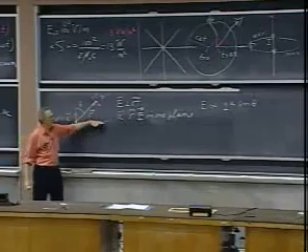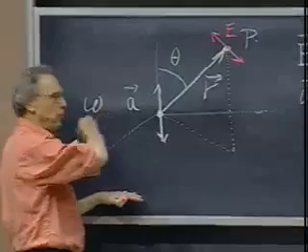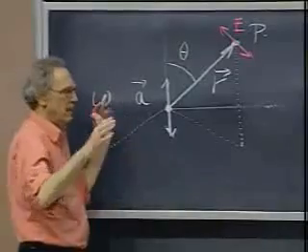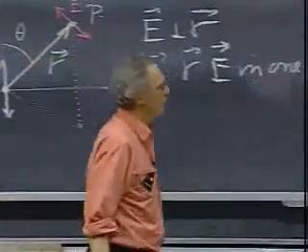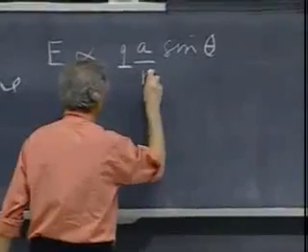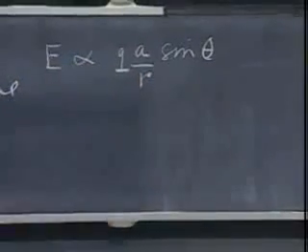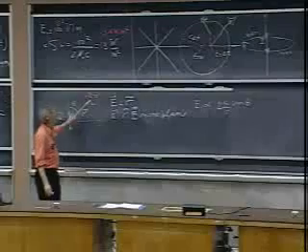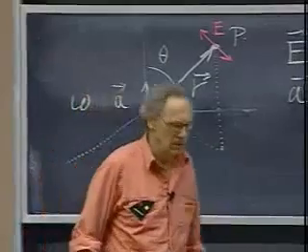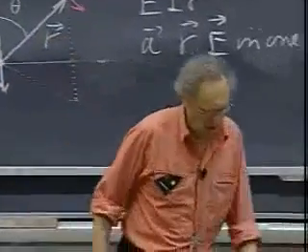If theta is 90 degrees, you get a maximum. That's the whole plane perpendicular to this oscillating charge, this whole plane, maximum electric field. And then, and that may not be so obvious to you now, it's also inversely proportional to the distance r. If you double r, the electric field strength goes down by a factor of 2.